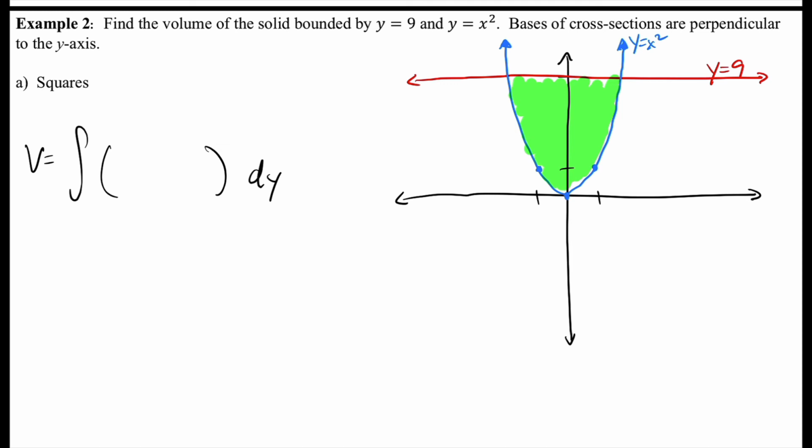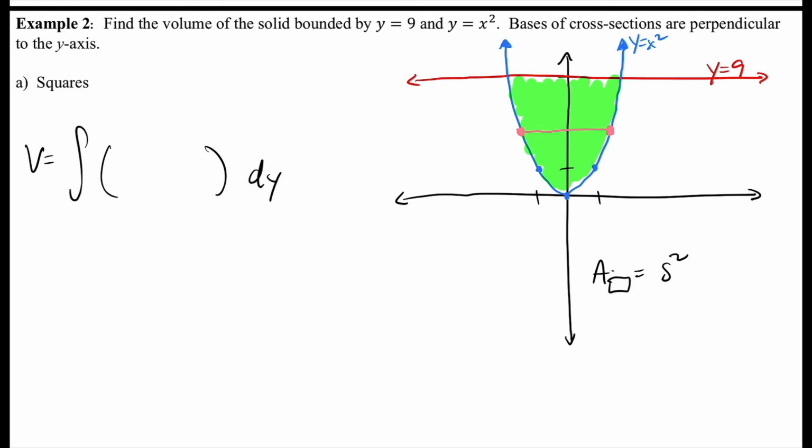So each one of those squares, we already know the area of a square, right? We did it before. Area of a square is side squared. Each one of those squares is going to be going from here to here, side to side, all the way across, right? Square standing straight up.